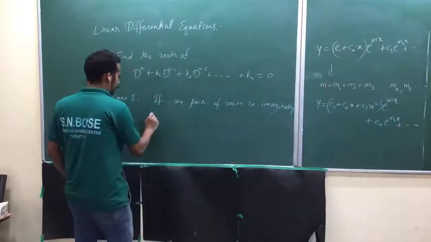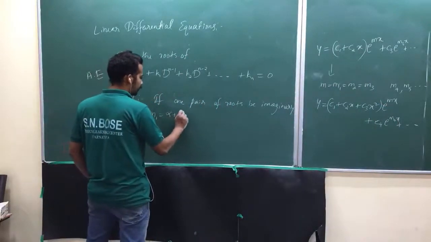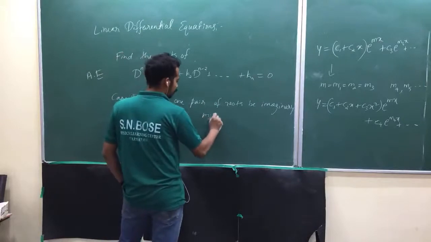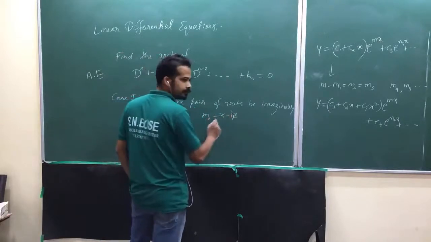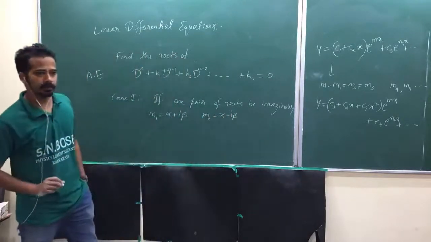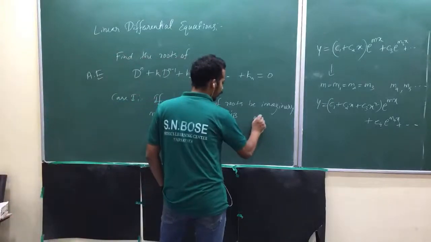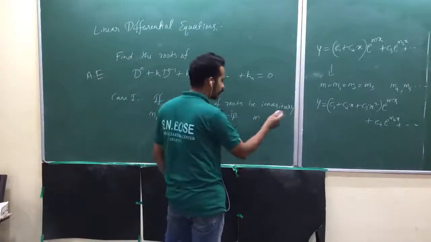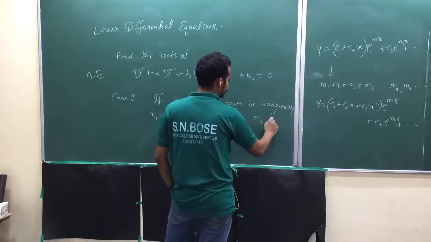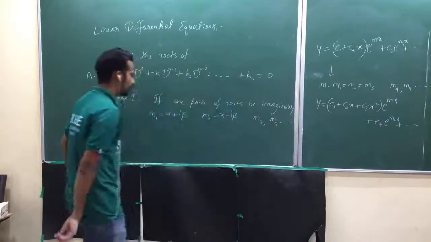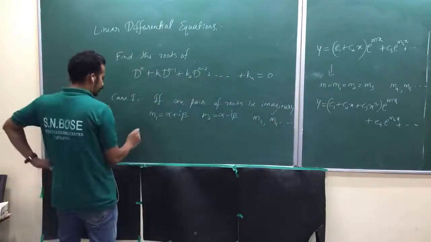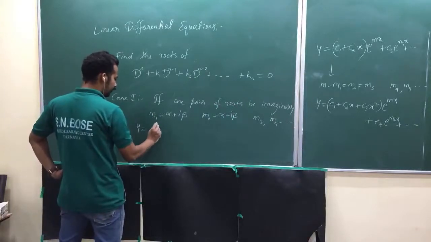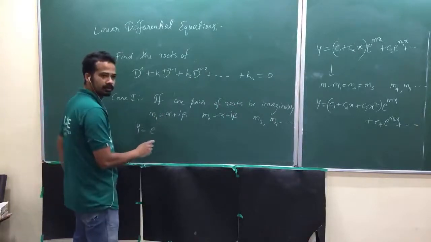So now let me write m1 is equal to alpha plus I beta, m2 is equal to alpha minus I beta. These are the pair of roots. So m3 and all are real, and I am not concentrating on that part. m4 and all, okay, real and distinct. Then corresponding to these two, how do you write? e power m1 into x only. Is that okay?